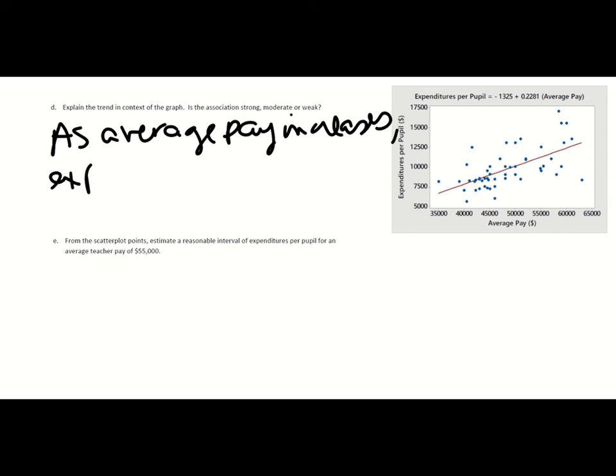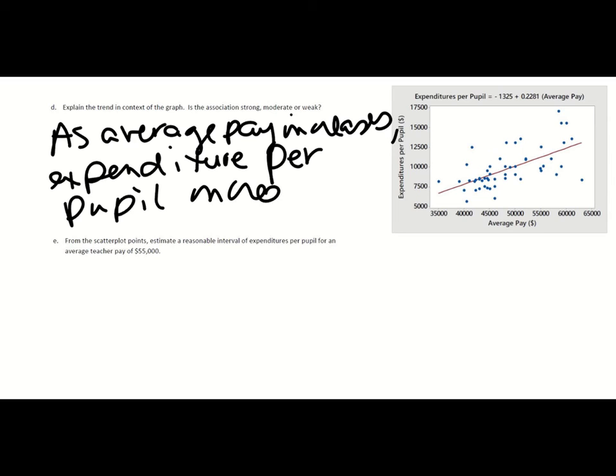So as the average pay increases, expenditure per pupil increases. You have to use, I need to see what the X does, what the Y does, and I need to see the increases and the increases.